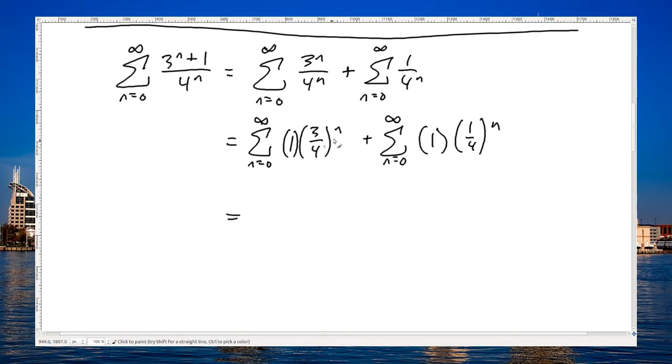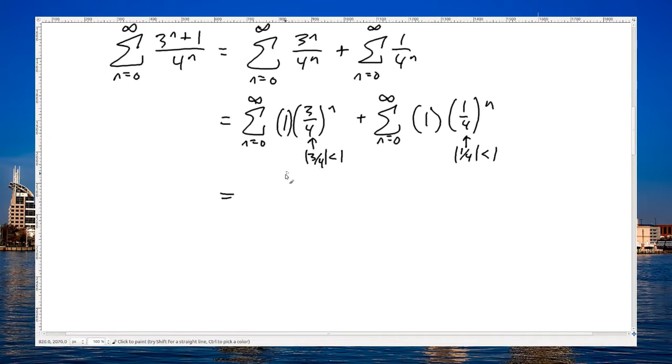And I'll use the geometric series form, noting that 3/4 absolute value is less than 1, and 1/4 absolute value is less than 1. So both of these I can use the geometric series formula to get a over 1 minus r. Here I have a over 1 minus r.